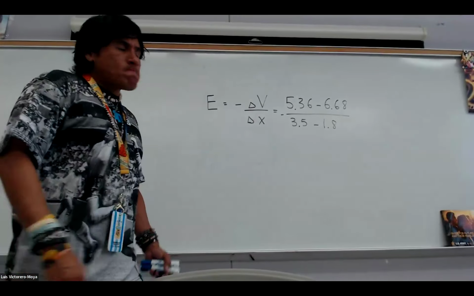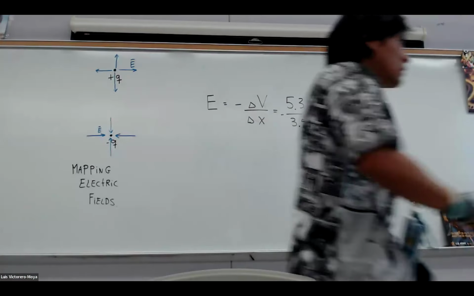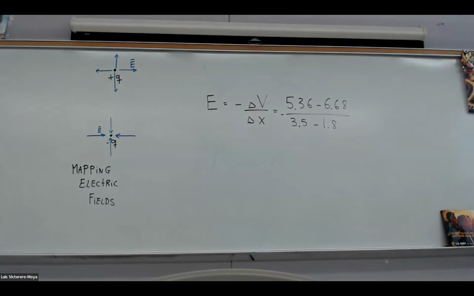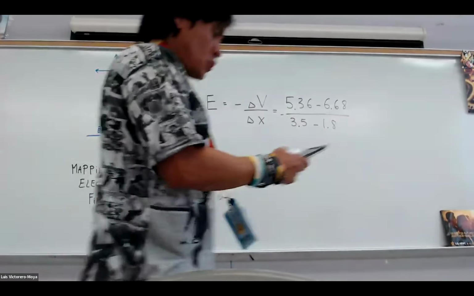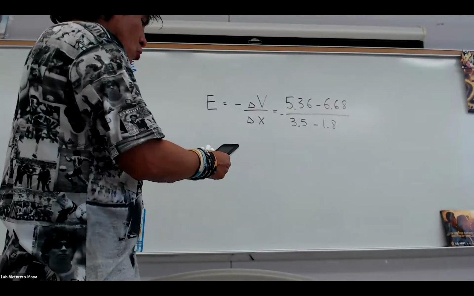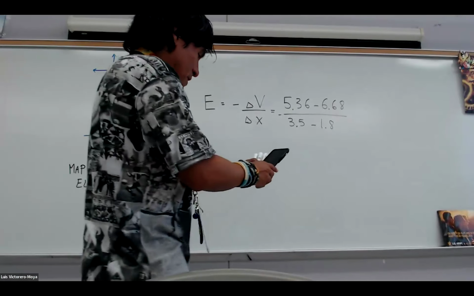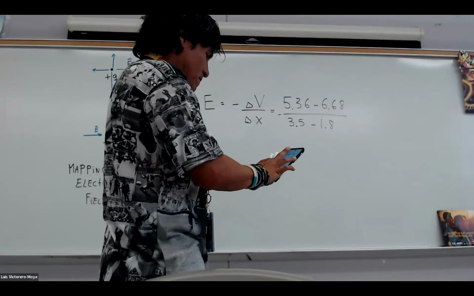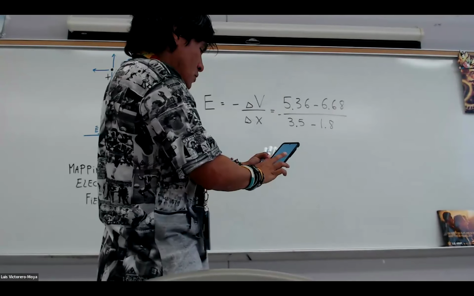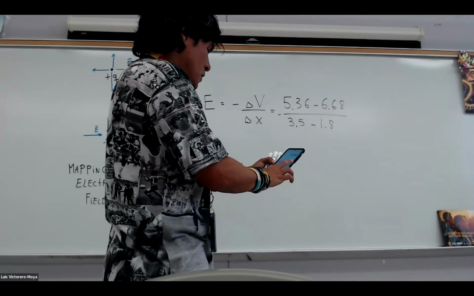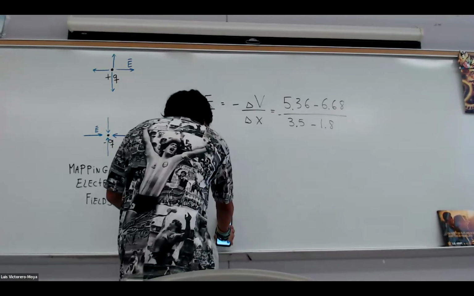That's how you do it. Then I'm just going to use the calculator, right? So 5.36 minus 6.68 is negative, that's okay.